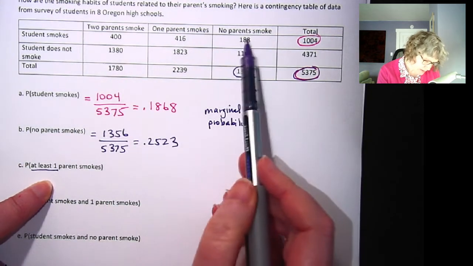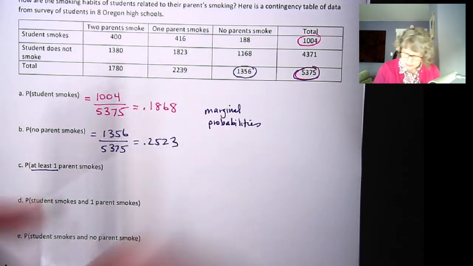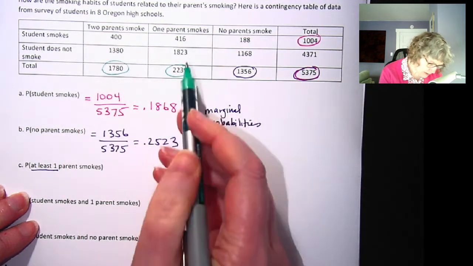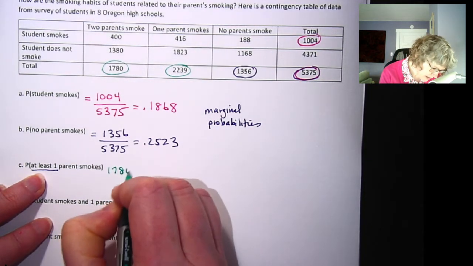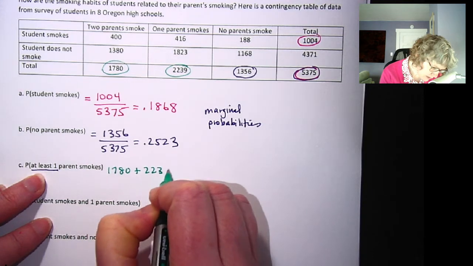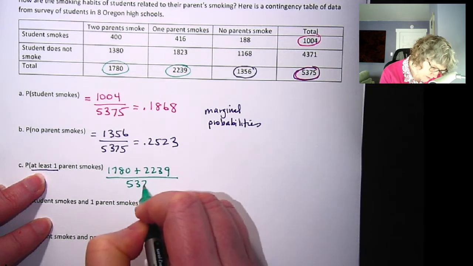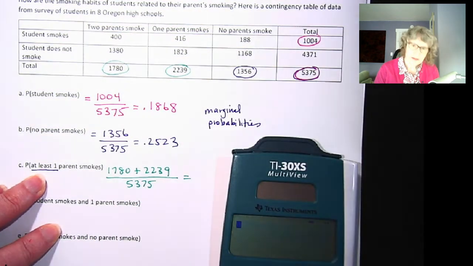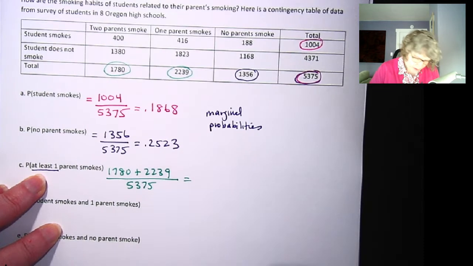At least 1 means 1 or 2 parents, so we're going to add these 2 together: 1780 plus 2239 over 5375. 1780 plus 2239 is 4019.